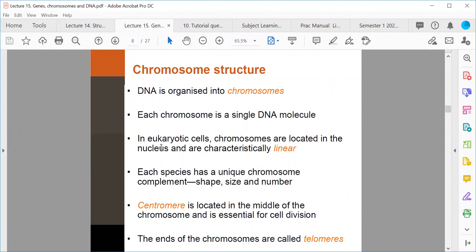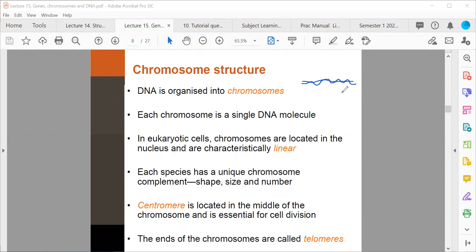In eukaryotic cells, so in plants, animals, fungi and protists, chromosomes are located in the nucleus and are characteristically linear chromosomes. In other words, if you stretched out the DNA, there would be distinct ends to the DNA.